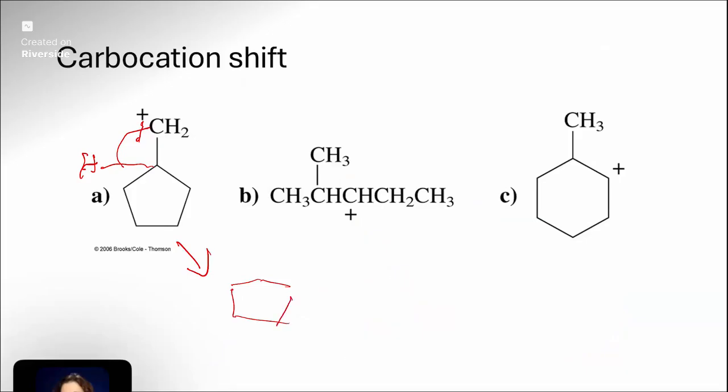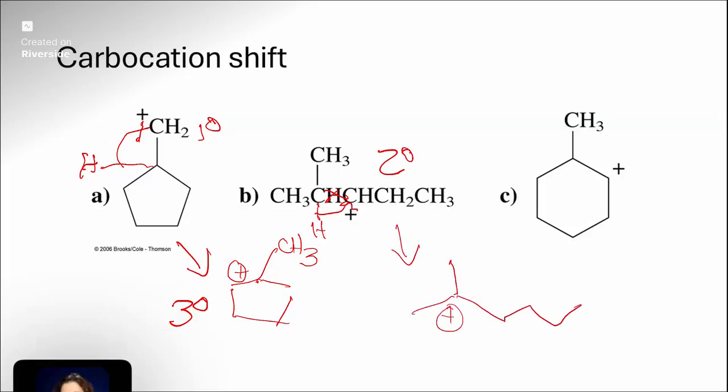And again, hydride shifts only occur if you can move one hydrogen or methyl group over and create a more stable carbocation. In this case, a primary being converted to a tertiary. This one will also undergo a carbocation shift with a secondary cation becoming a tertiary carbocation. And this one will undergo a hydride shift with a secondary becoming a tertiary carbocation.